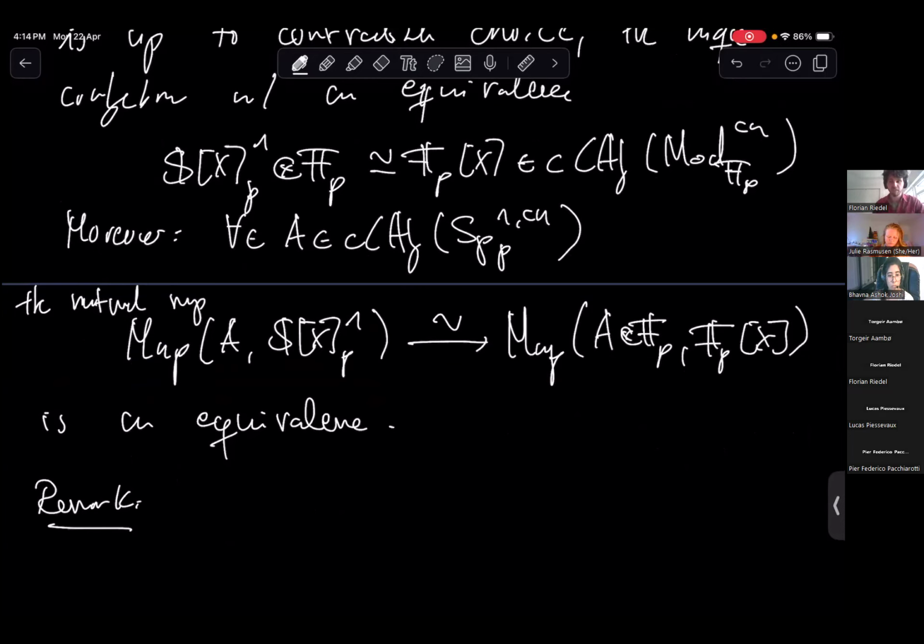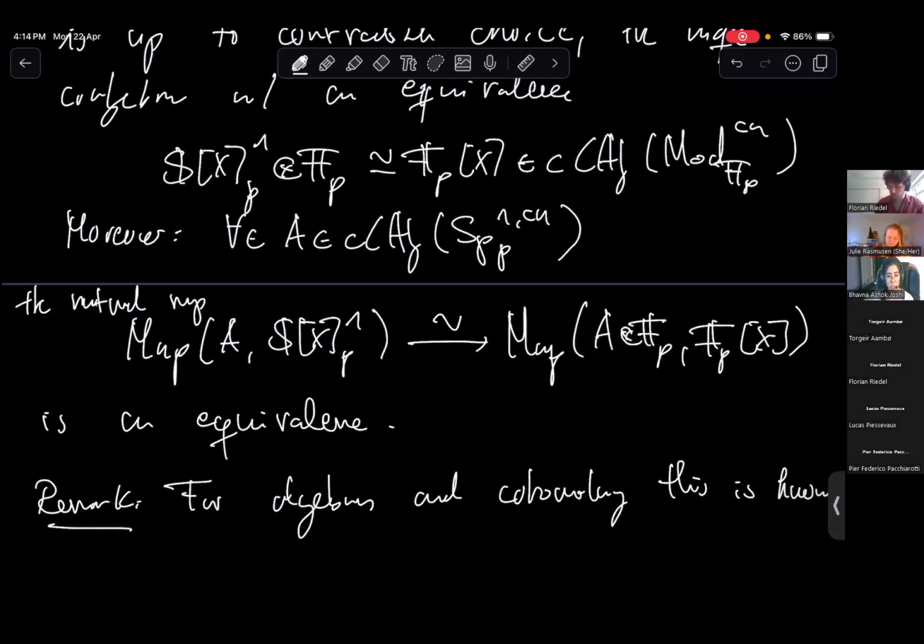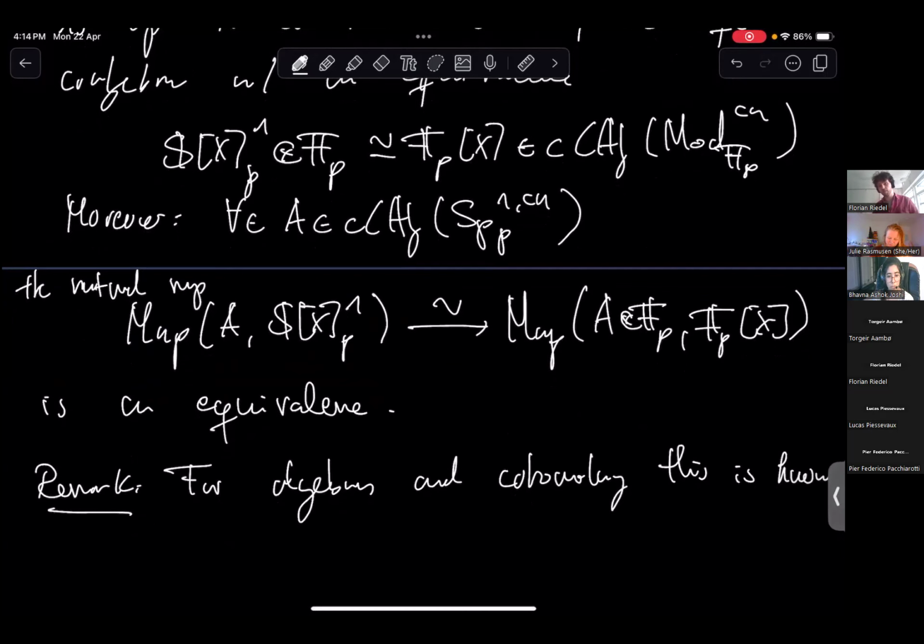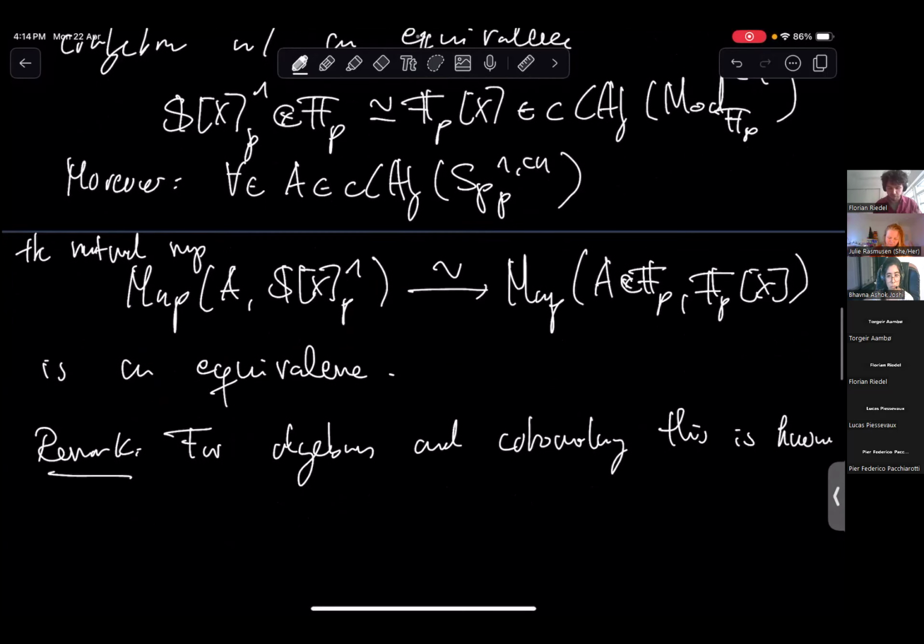And just as a remark, to say to which degree this was unknown: for algebras and cohomology, this is known already in some sense. This is known up to the caveat that, of course, cohomology does not base change correctly.